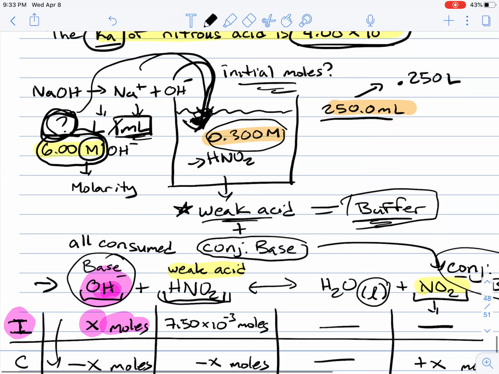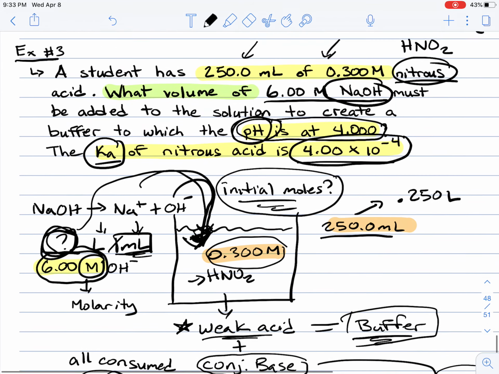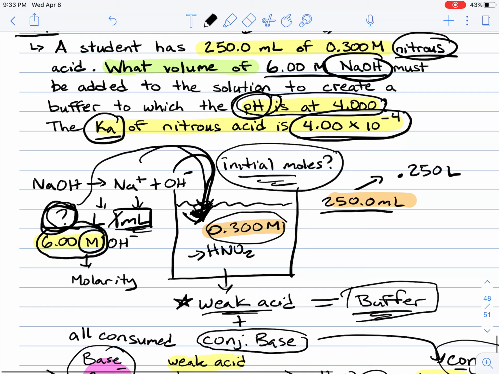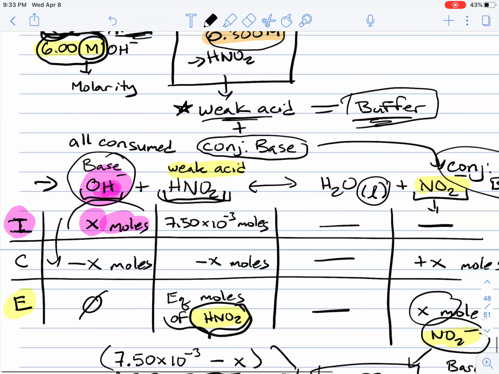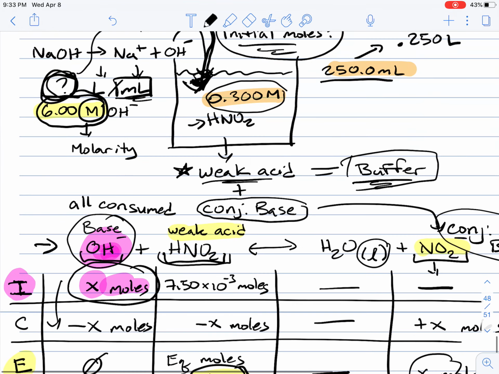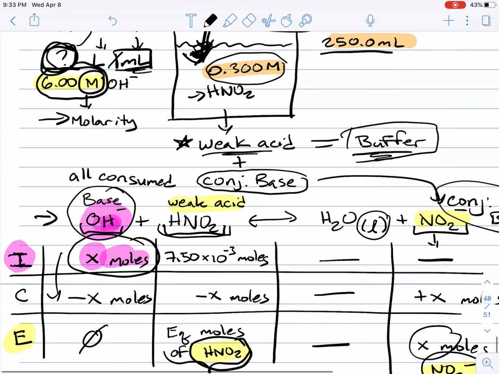And so since that is representing the very first step in the preparation of this buffer, what we're solving for is the initial volume, or translated into what this problem is implying for us to solve, what is the initial moles? So if we can figure out the initial moles, then we can go ahead and use the molarity to convert moles into liters, and then liters into milliliters.